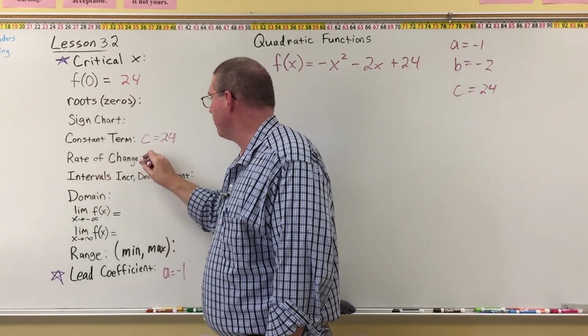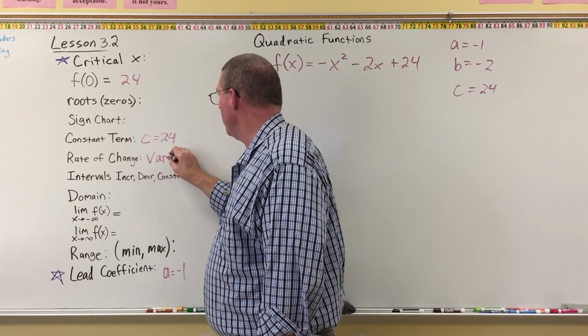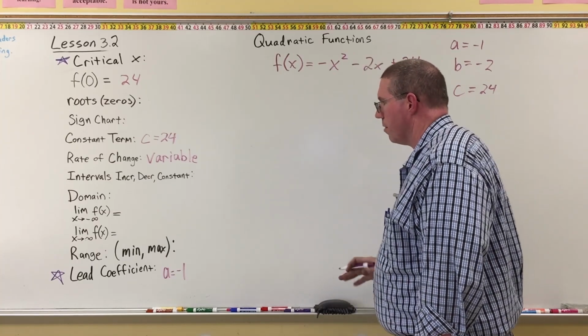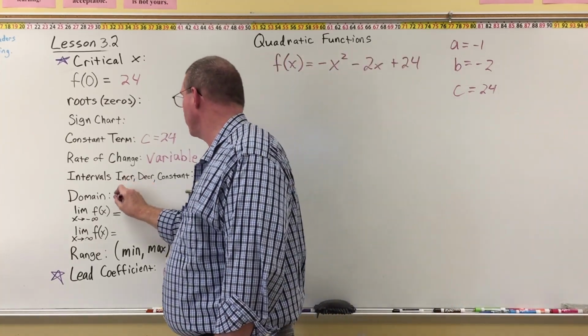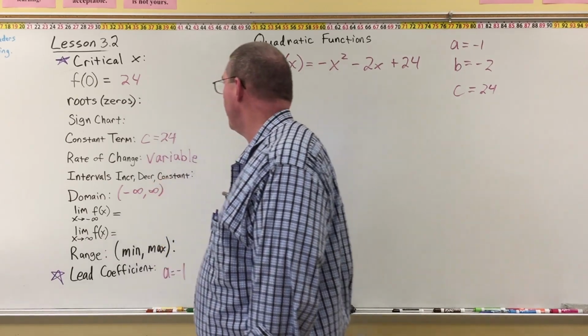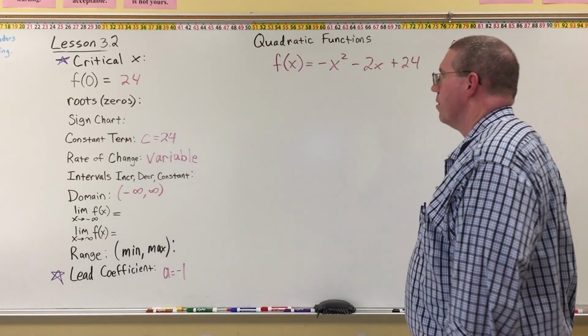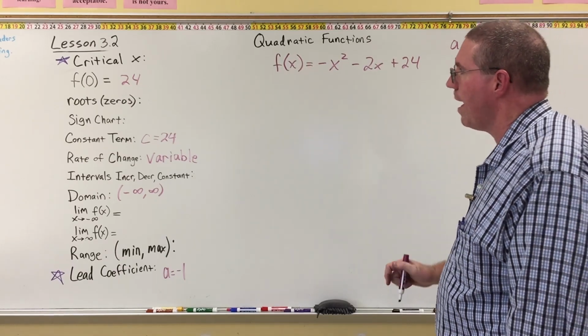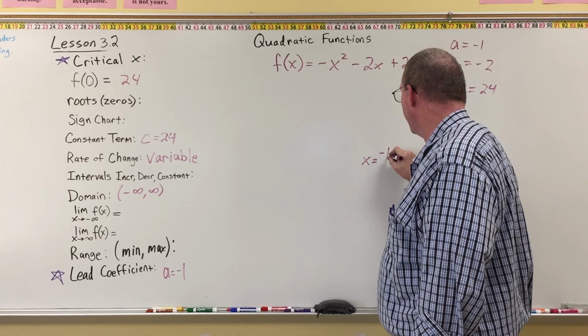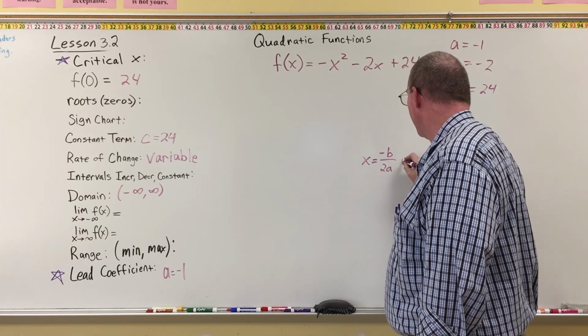We know that our rate of change is variable, so we're going to wait for calculus. And our domain is going to be negative infinity to positive infinity, okay? All right, so let's go ahead and identify our critical x. We know the critical x is going to be negative b over 2a.